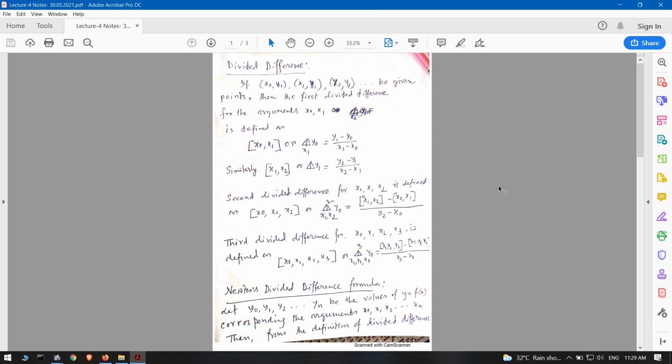If n set of values are given, then that will be n minus 2th order. If it is defined from x equal to x naught to xn, then it will be n minus 2th order difference. Okay.